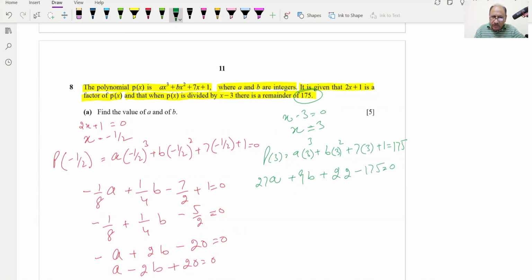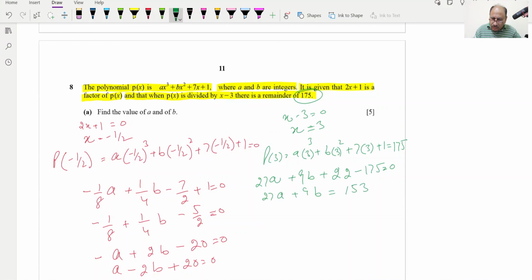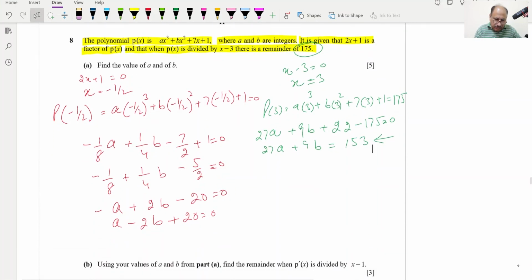So we get the equation 27a plus 9b is equal to 175 minus 22 if we shift to the other side. 175 minus 22 will be equal to 153. So we can write here 153. Now this is one equation, and this is the second equation, which we can solve simultaneously.